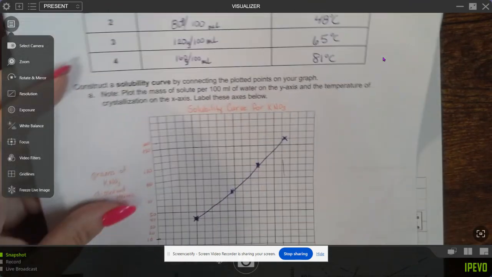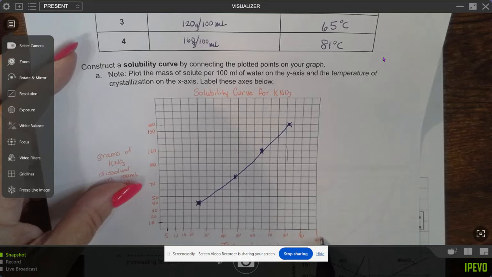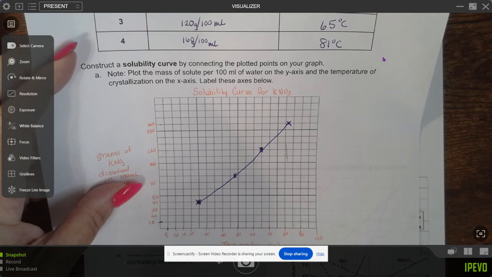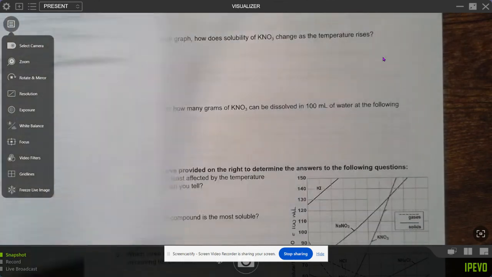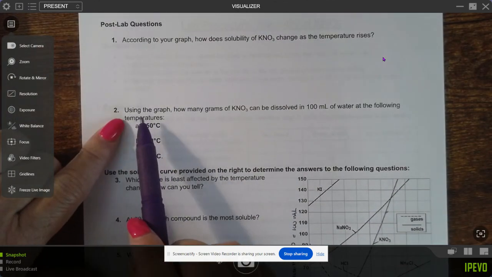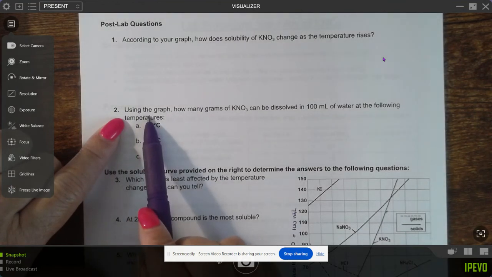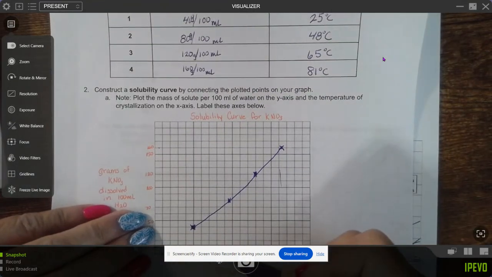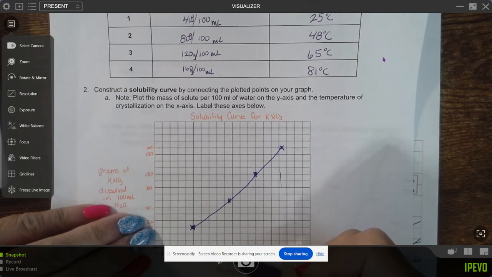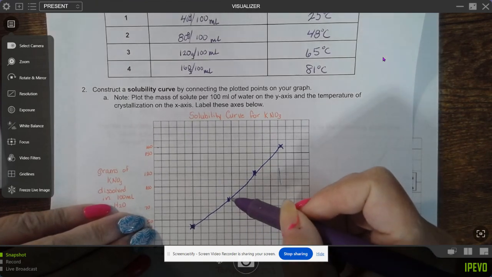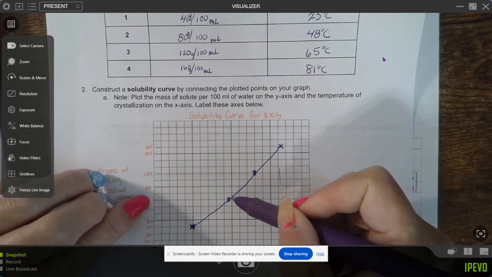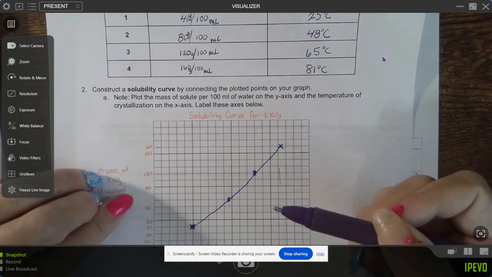Basically, it's asking you, on your graph, as you go up in temperature, what happens to the solubility, or the amount of KNO3 that's able to be dissolved? Number 2, you're going to use your graph to look up 50 degrees, 60 degrees, and 80 degrees, and tell me how much KNO3 would dissolve. For me, at 50 degrees, I would say about 81 or 82 grams dissolved.